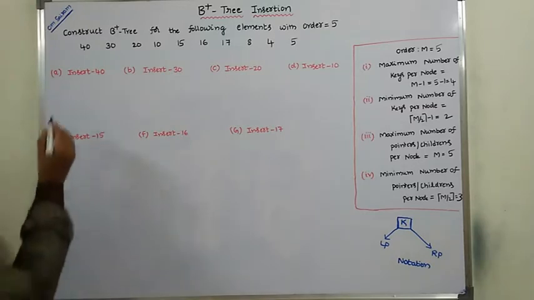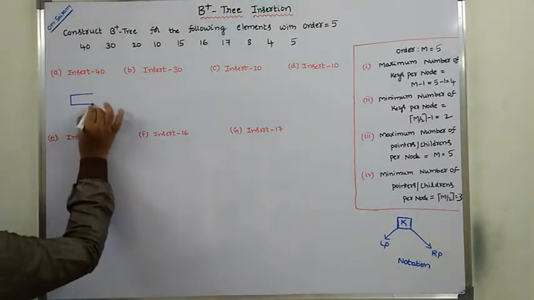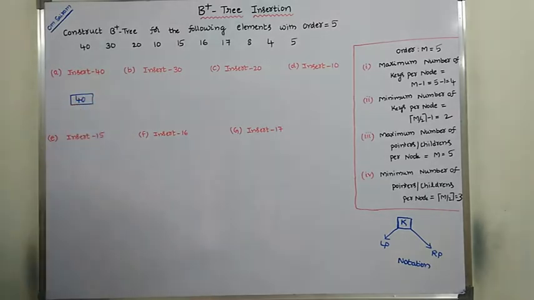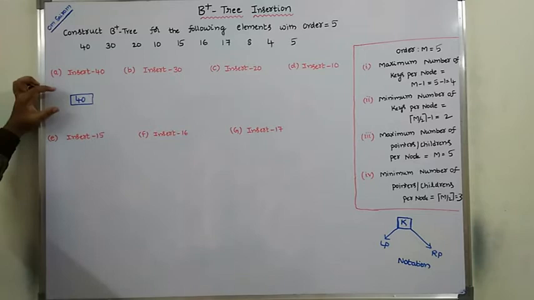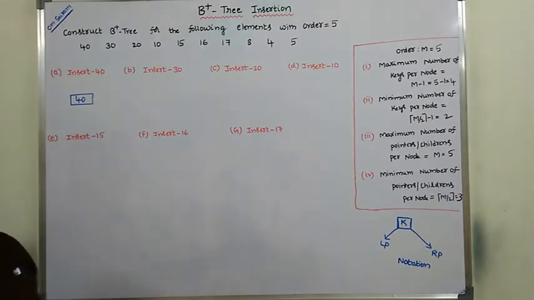So for that, we have to create a node and insert the key element 40 into this node. Now it becomes the B plus tree. It contains a node, and that node contains the key element 40. Now it is the root node, and it is also a leaf node, and it is also the first node.